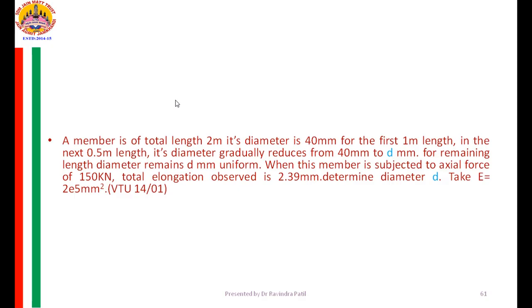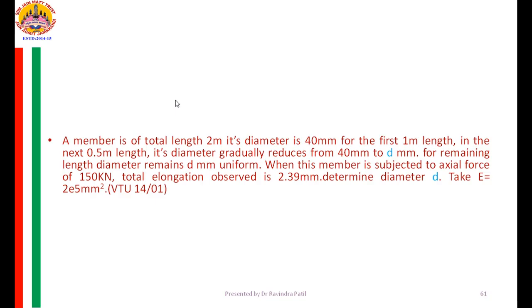A member is of total length 2 meter. Its diameter is 40 mm for the first 1 meter length. In the next 0.5 meter length, its diameter gradually reduces from 40 mm to d.